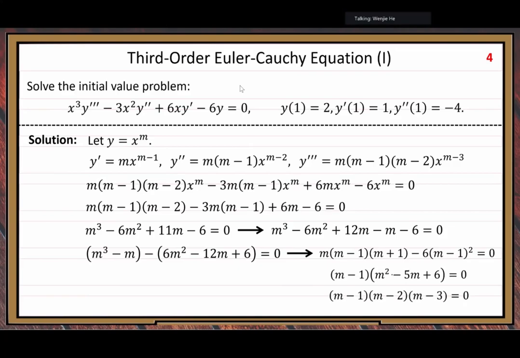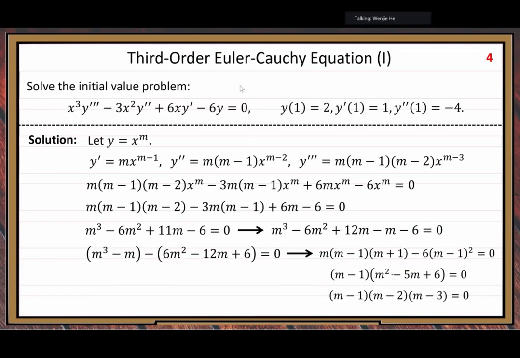So at the end you get this factorization. There is some technique, okay? But I do not require you to master the factorization technique. So I allow you to use online calculators. So you get the result directly.